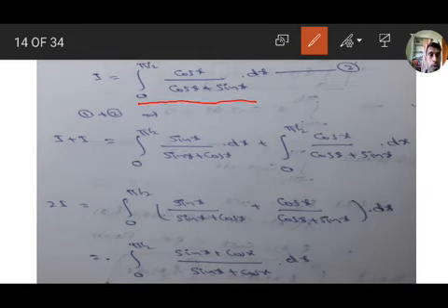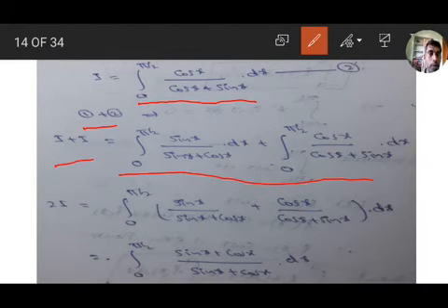That is equation 2. Adding equations 1 and 2, LHS is I plus I, and RHS is integration 0 to pi by 2 sin x by sin x plus cos x dx plus integration 0 to pi by 2 cos x by cos x plus sin x dx.